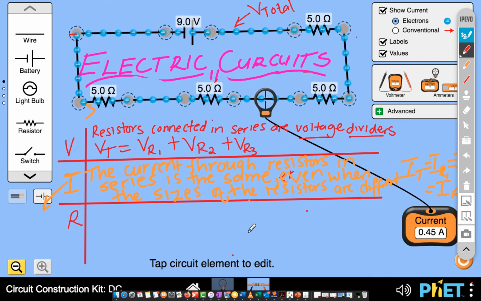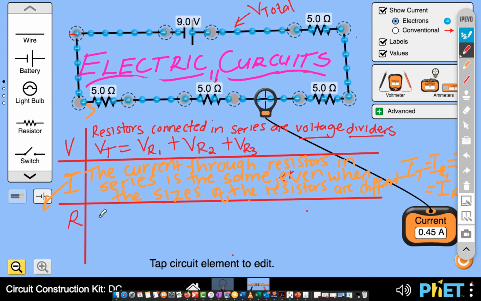So what can we deduce from this information? We can actually deduce that if you add a resistor in series, then the total resistance of the circuit is going to increase, which will lead to a decrease in current.